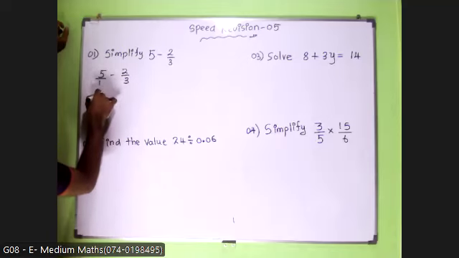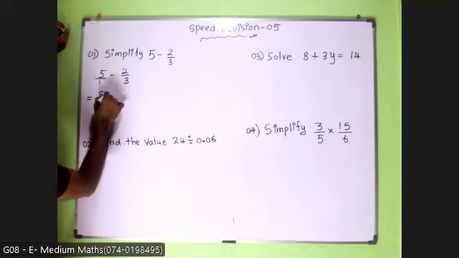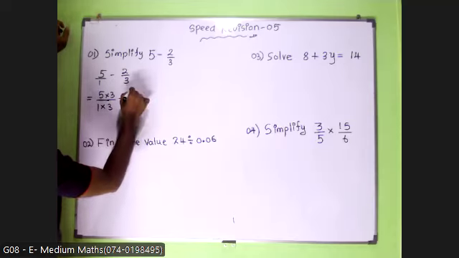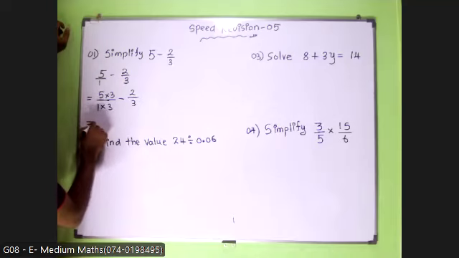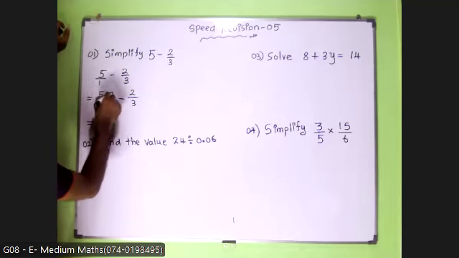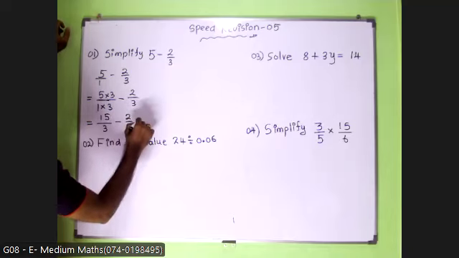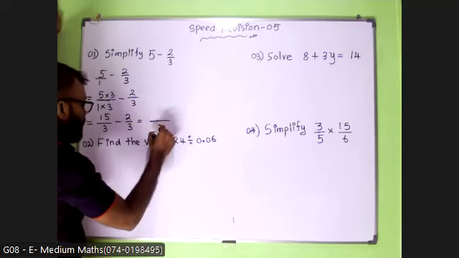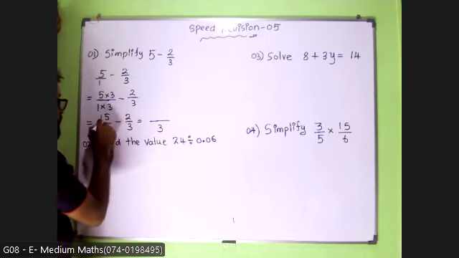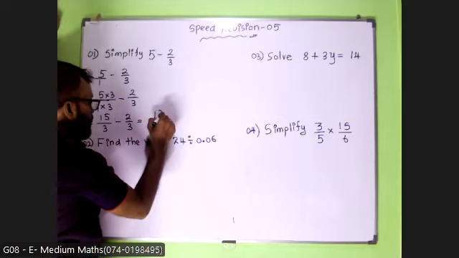I am going to multiply this 1 by 3 and the numerator by 3 so that I have equal denominators. Then 5 times 3, 15. 1 times 3, 3. Then 2 upon 3. Now with equal denominators I can subtract the numerators. 15 minus 2 gives me 13.